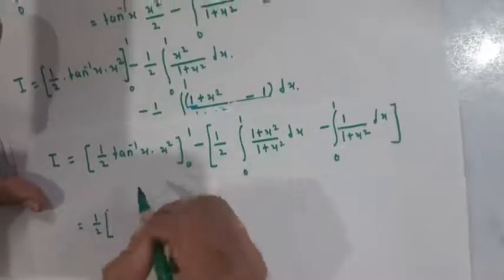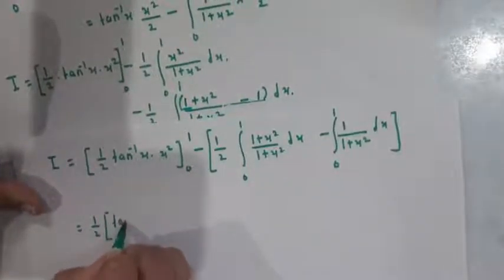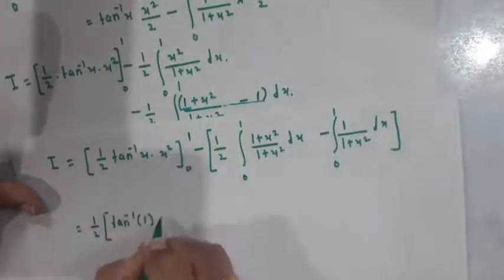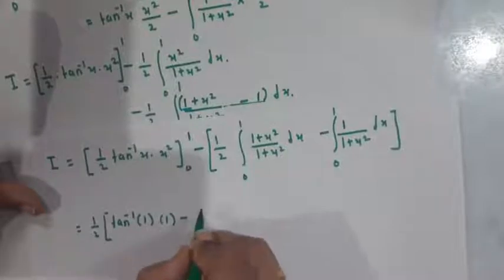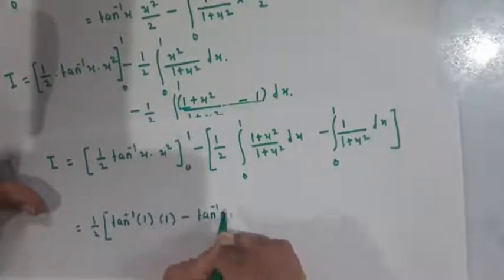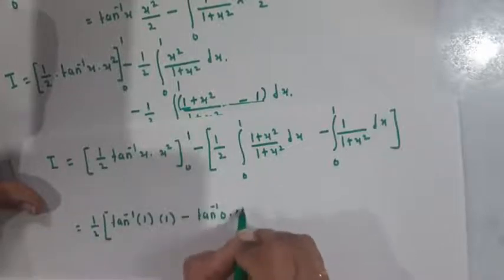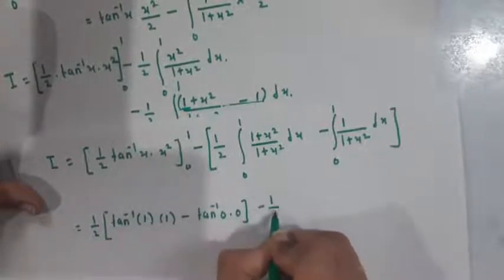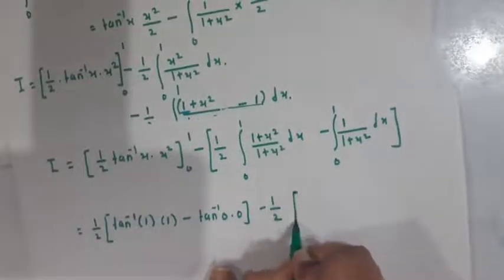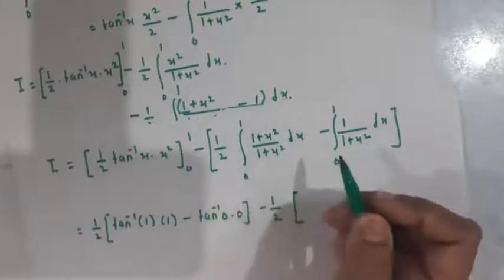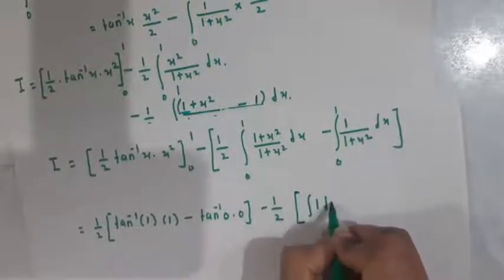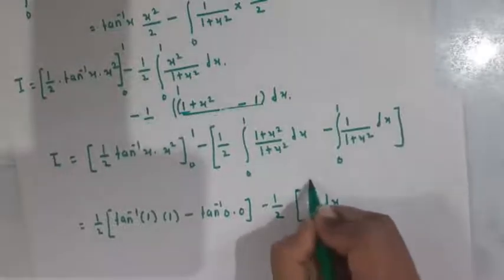The upper limit is tan inverse of 1, x square is 1, minus tan inverse of 0 into x square, which is 0, minus 1 by 2. In this 1 plus x square upon 1 plus x square cancels and its integration is 1 with respect to x, limits 0 to 1.